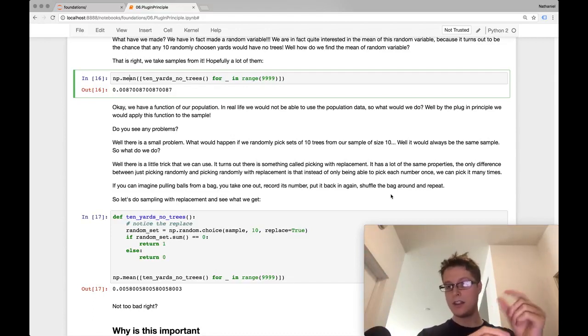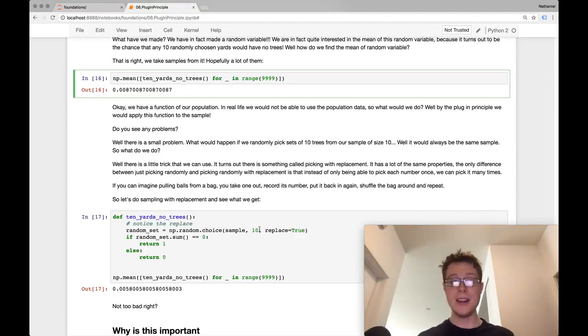Hey, this yard has no trees, and then you go ahead and you put it back in, and you repeat. And so in this way, it's kind of like a pseudo sample from the population. It turns out it has a lot of the same properties as sampling without replacement, and so we can get away with using it. This is often called bootstrap sampling, and we'll sort of see why in a lecture or two.